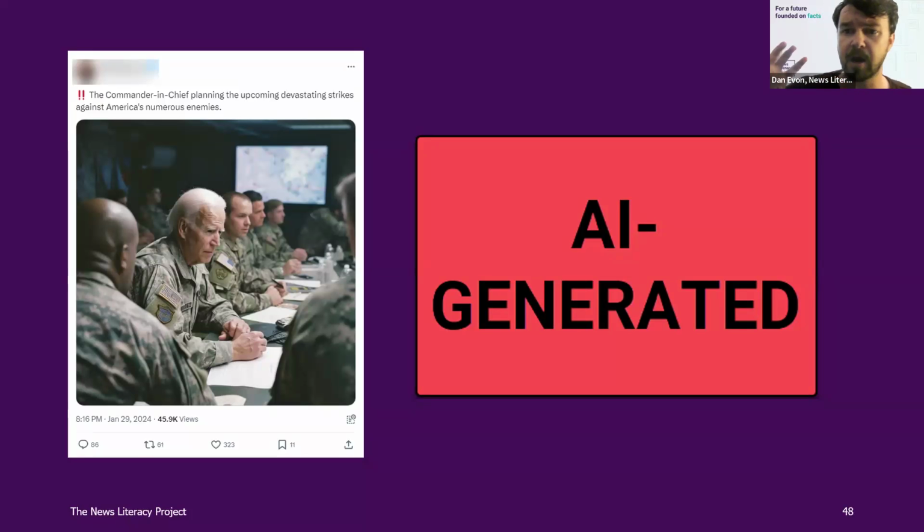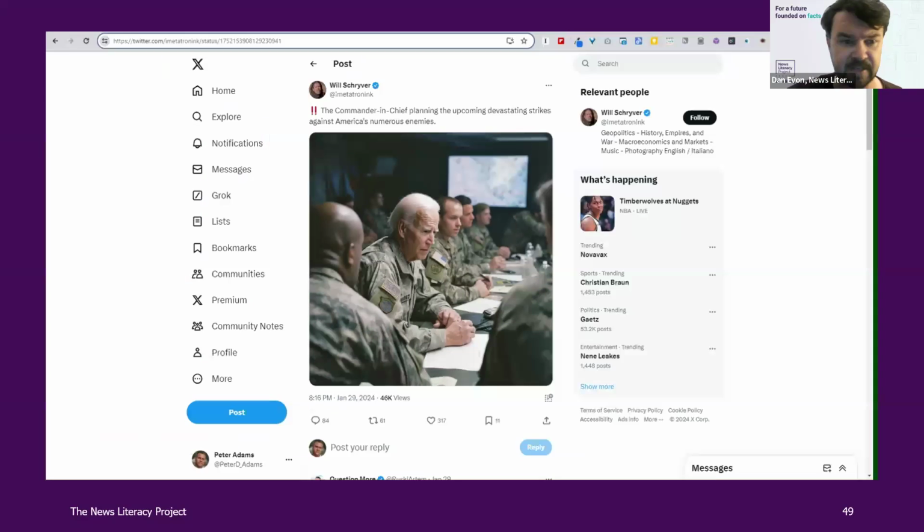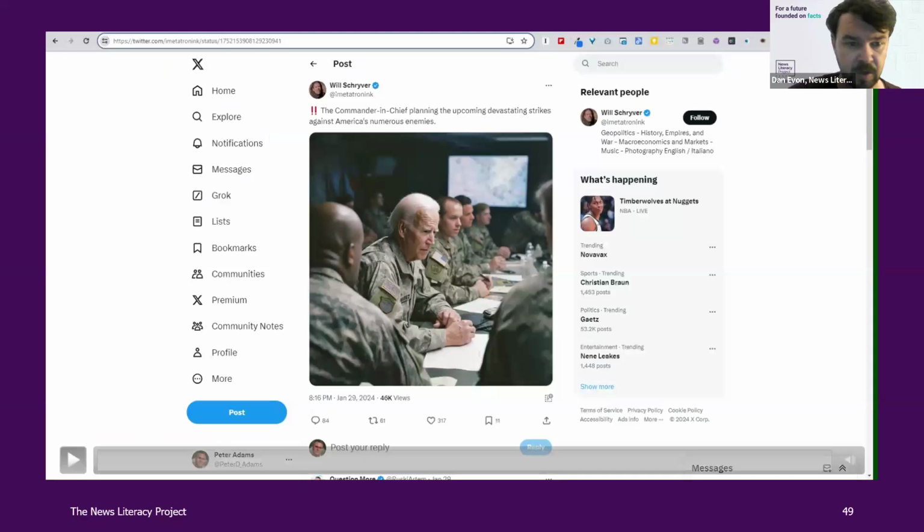You can do the same exercise that we did with President Trump. Now, I talked earlier about reverse image searches and how they don't really work for AI generated content. The good news is that people are developing AI image detectors, which work very similarly. You take an image, you plug it into the search engine, and it will tell you its level of confidence of whether or not it is an AI generated image.